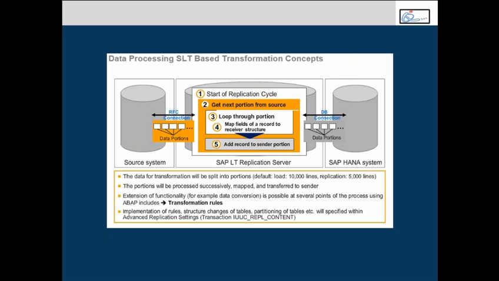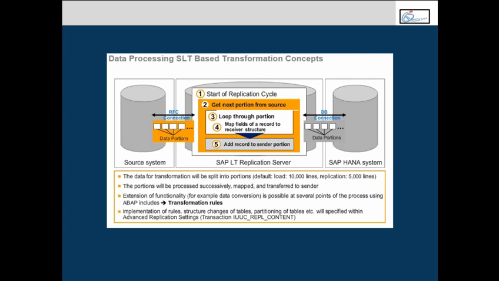Then the cycle goes on. You start the replication, then get the next portion, meaning get the first portion and loop through each and every record of the portion, then do the mapping of records, and then add your record to the receiving portion. Once you start the replication, for each portion it does this processing.